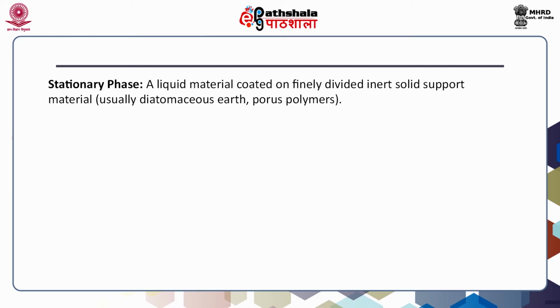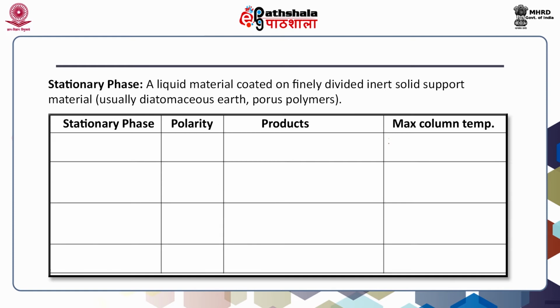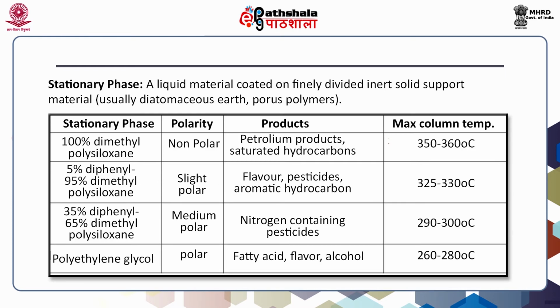This is a very important component of gas liquid chromatography, and these stationary phases are packed inside the columns, which can be capillary or packed columns. These stationary phases are basically of two types: one is the polar and another one is the non-polar phase.